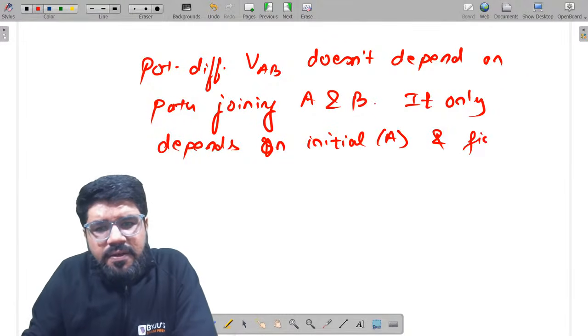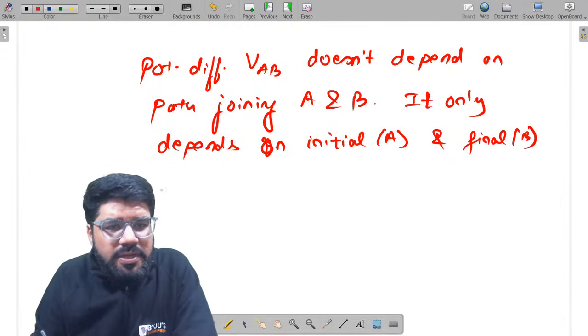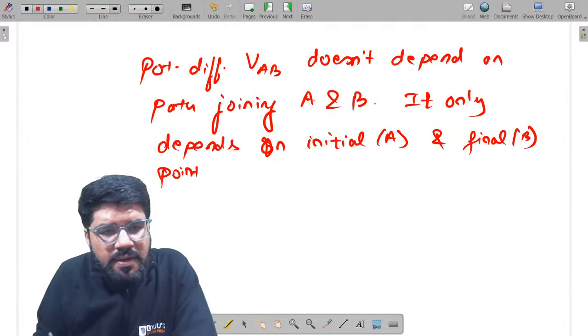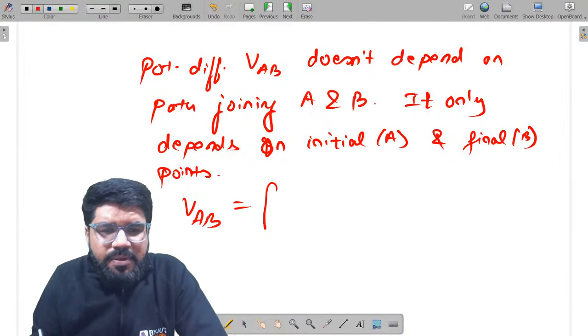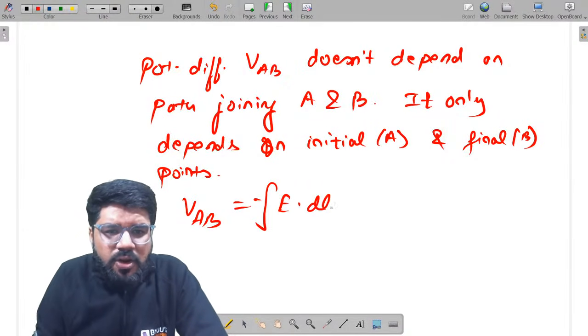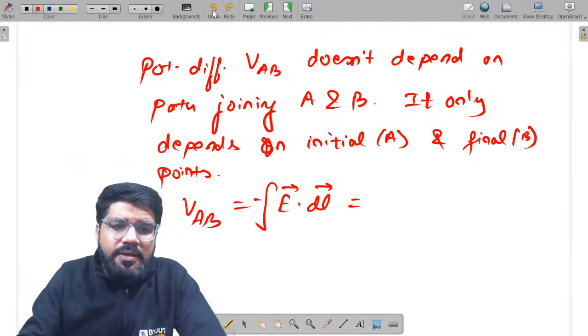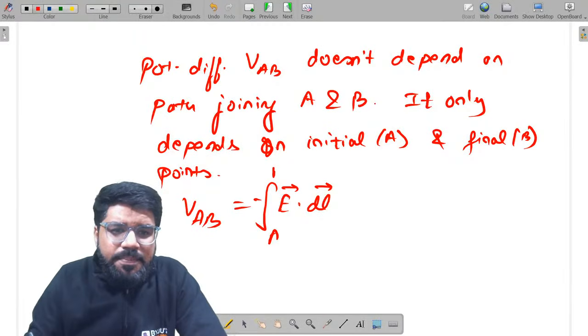Initial is A, final is B. So what is the VAB formula? It is minus integral E dot dl, and that is independent of path. The line integral is independent of path.